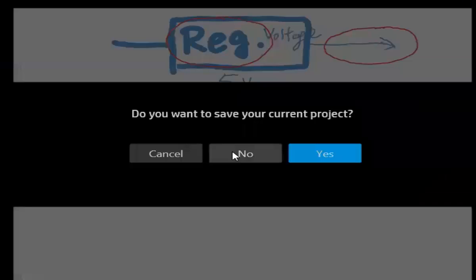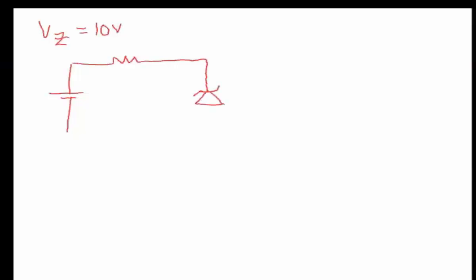Let's say the VZ is 10 volts, and I'm going to have this circuit, Z for Zener. Let's say I have 20 volts, and the VZ of this Zener diode is 10 volts.